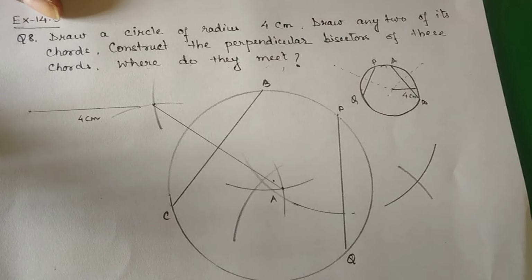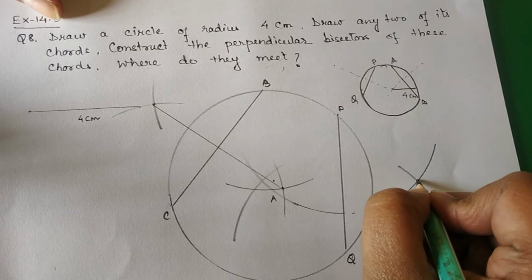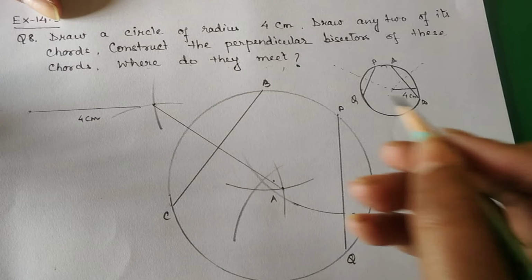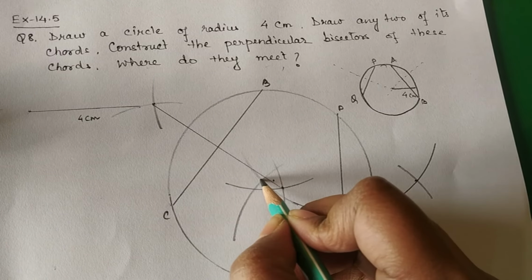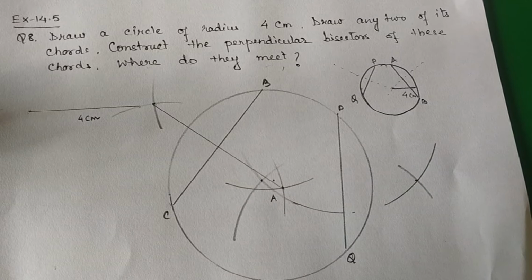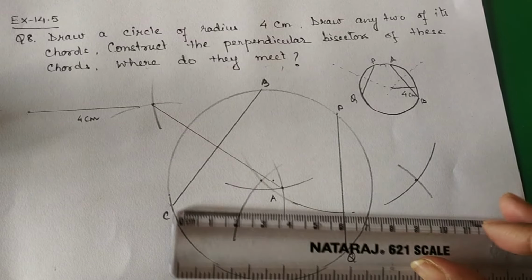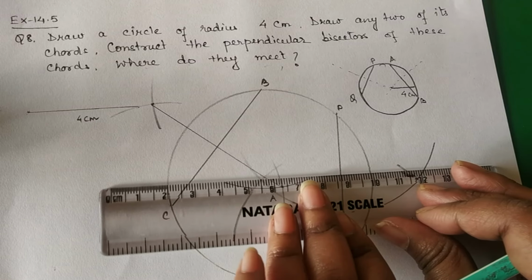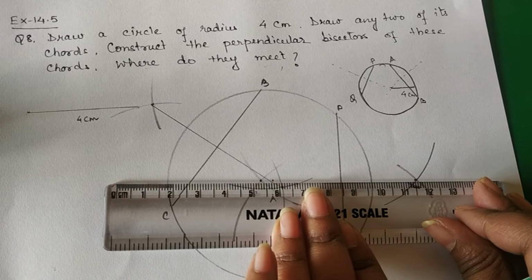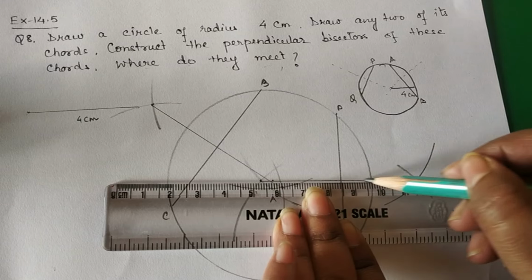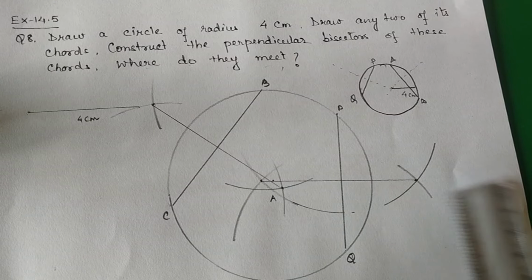So this and this is the intersecting point. Now let's join these 2 intersecting points. So we have got the perpendicular bisector of PQ.